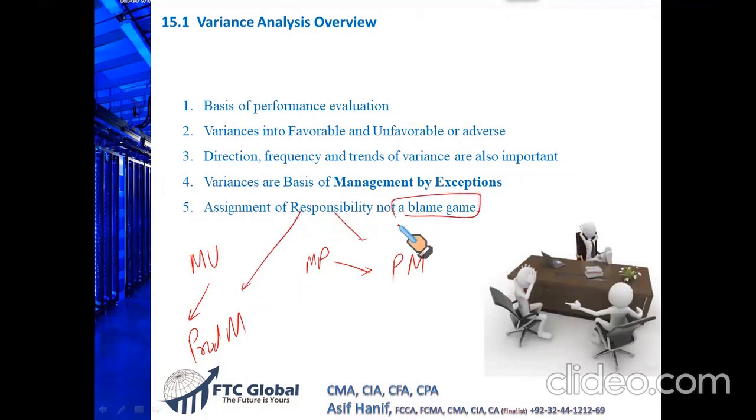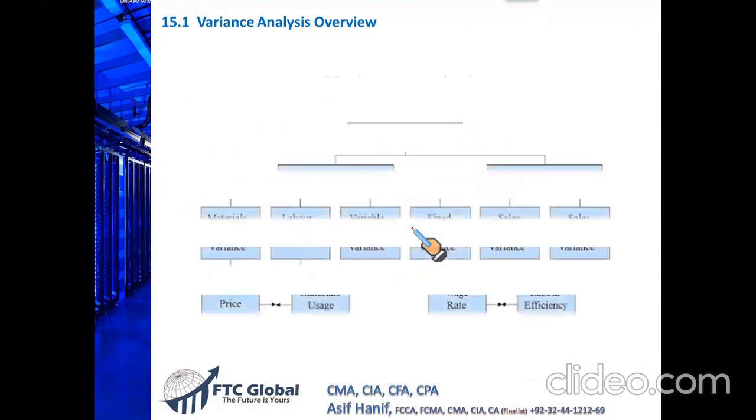We just want to assess who is the one who should be asked to explain, who is the one who must be held responsible. Not a blame game, just for organizational learning and for the purpose of knowing what went wrong, so that we can change things accordingly, so that such variances do not occur.